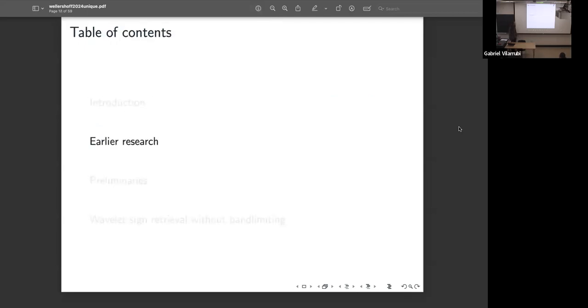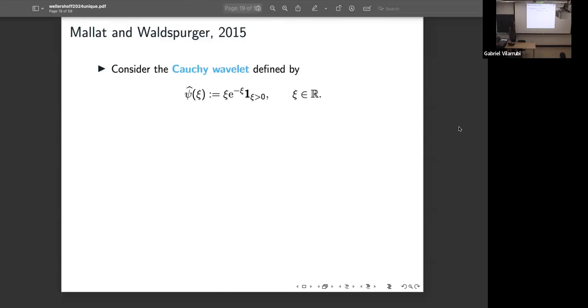So now I want to show you a little bit of earlier research on wavelet phase retrieval. What I want to start with is maybe not the earliest paper that I know of, but the paper that kind of started it all, at least for me, which is a paper by Mallat and Waldspurger from 2015.